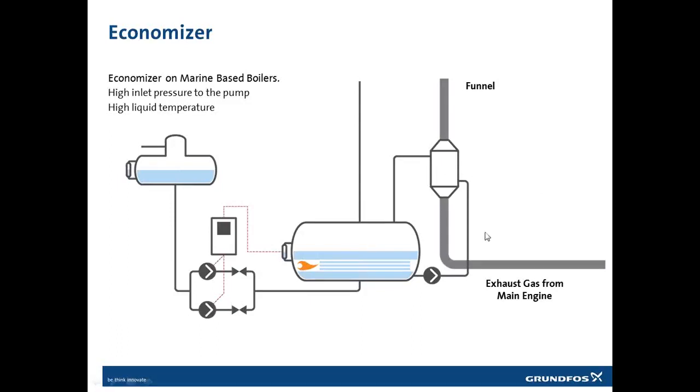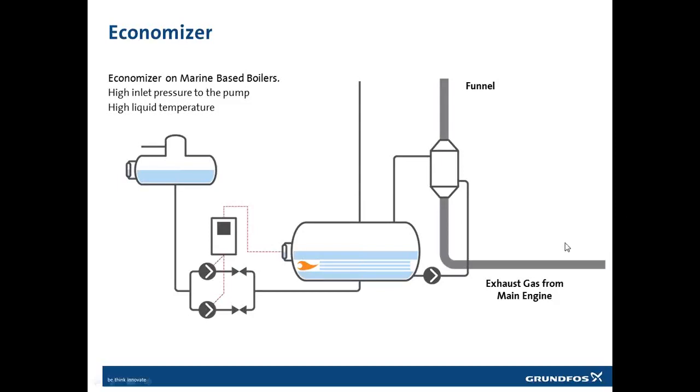But we need to circulate the water in the economizer, and that is done with a circulator pump sitting here in the bottom of the steam boiler, and that gives us some challenges. As I've written up in the upper left corner, we have a high inlet pressure to the pump, because the pump is exposed to the full boiler pressure.